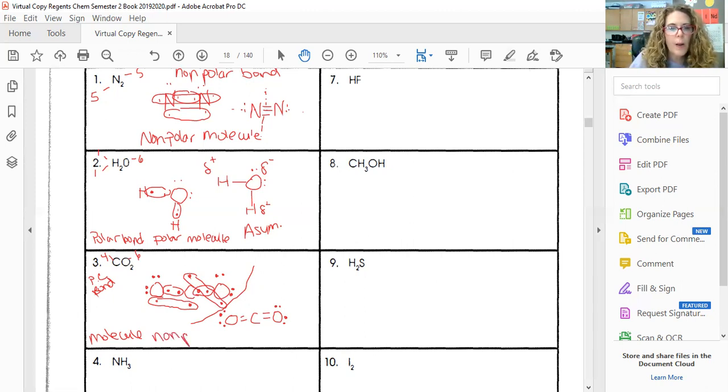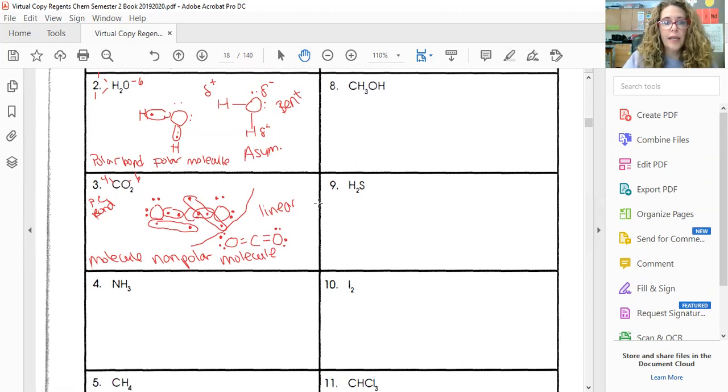So non-polar molecule. Right, so I have polar bonds, but they've arranged themselves in such a way that this is what we call a linear molecule. Right, and our water over here, we call this a bent molecule. And anytime you only have 2 things together like this, it's linear, if we're talking about shapes.